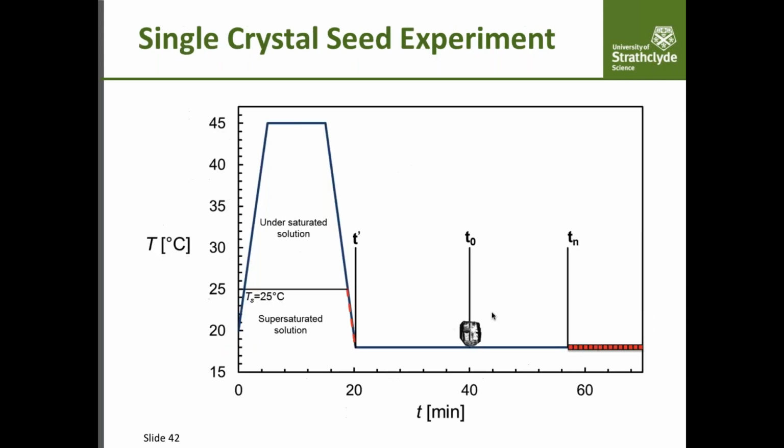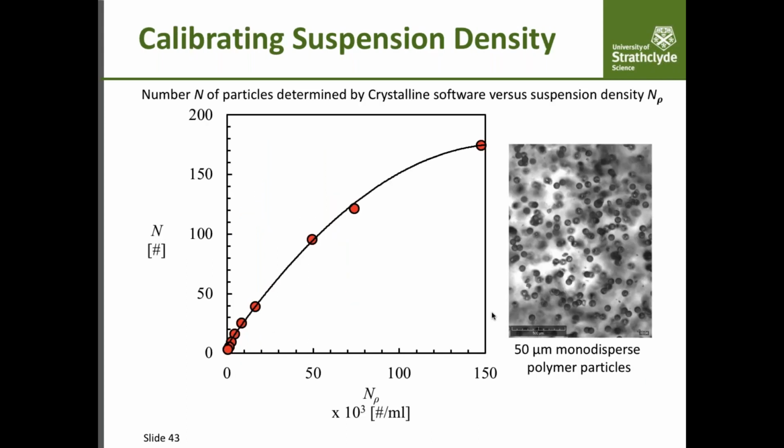In order to relate what we measure in the file to the secondary nucleation rate, we have to make a calibration of the suspension density. And that is what we did with monodisperse polymer particles. So we use different suspension densities of these monodisperse particles, and that's on the x-axis.